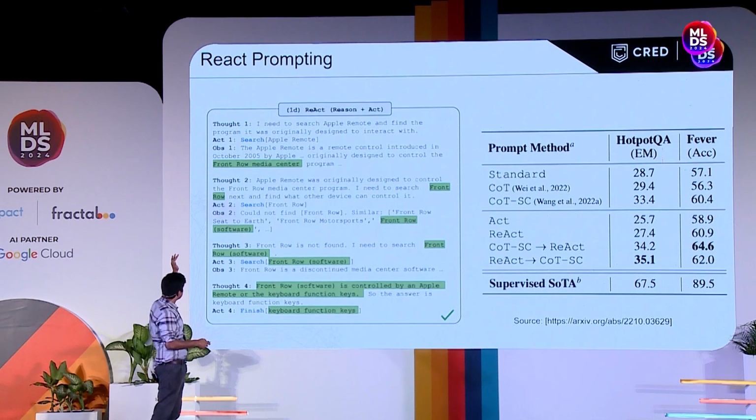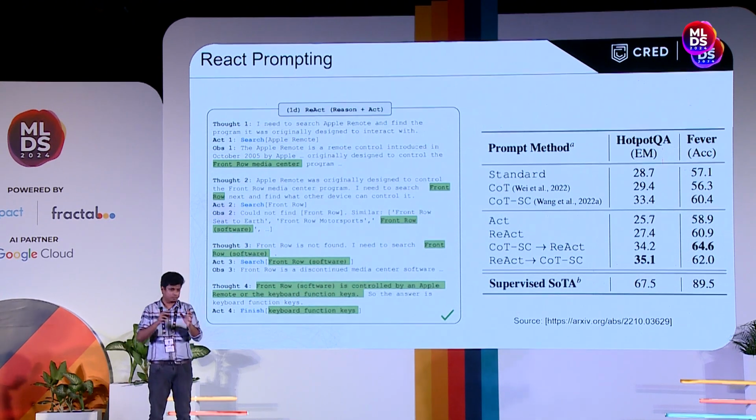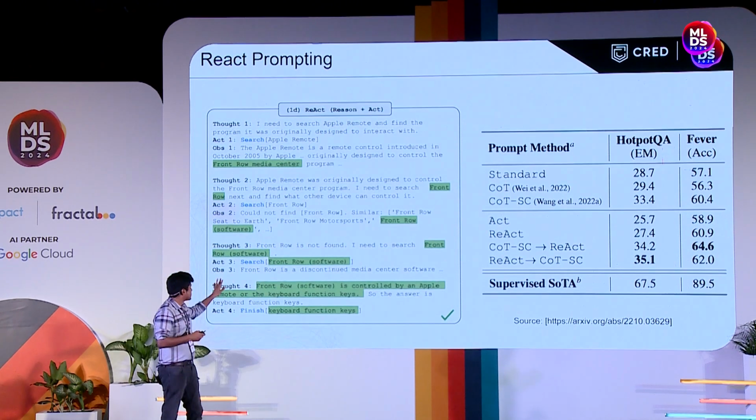It becomes a thought, act, observation, and this entire set of data is then accessed by the LLM as memory. Then it uses that to generate the next thought, and this process continues until the LLM solves the problem. ReAct improves a lot over chain of thought with self-consistency.